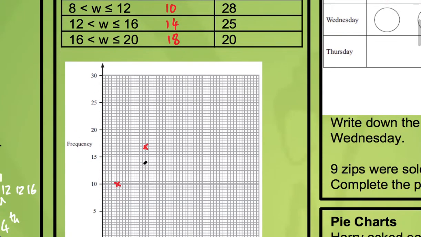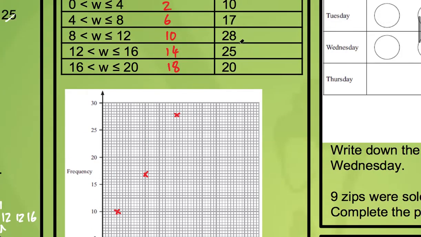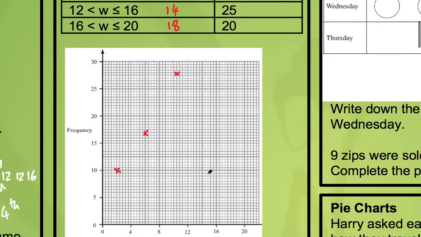Frequency of 28 at 10. So here's 10 and here is 25, 26, 27, 28. Frequency of 25 at 14, 14, 25, and a frequency of 20 at 18. Here's 18 and here's 20.